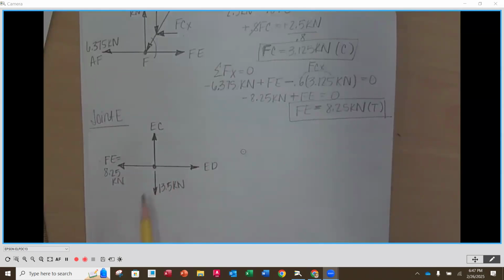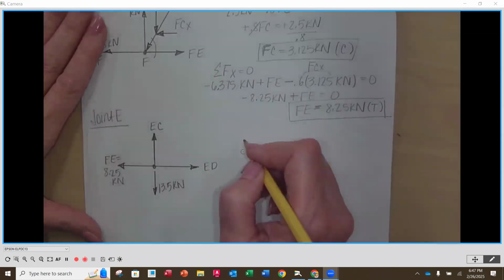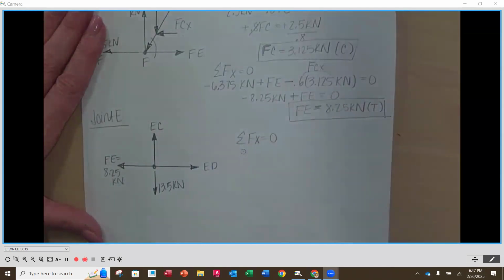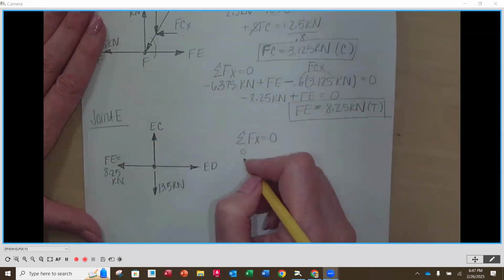And then I set my directions for EC and ED so that they would balance out the loads that we knew from the previous joints and the applied load that we see here. So then you can go ahead and sum your forces, X and Y equal to 0, to solve for those unknowns.